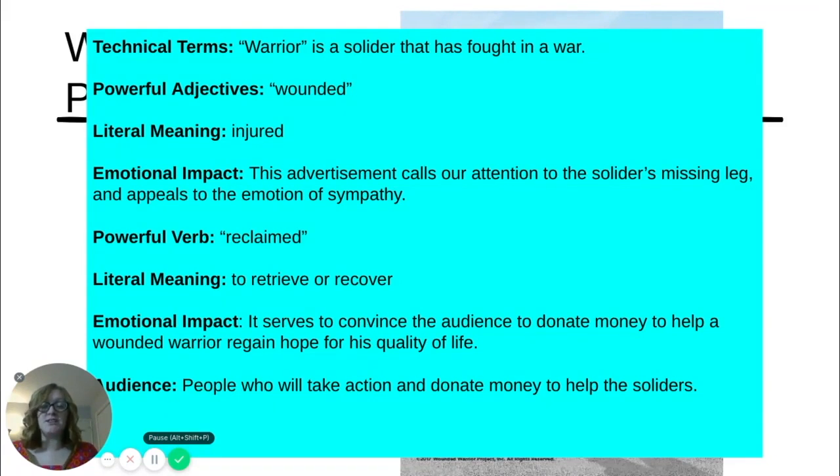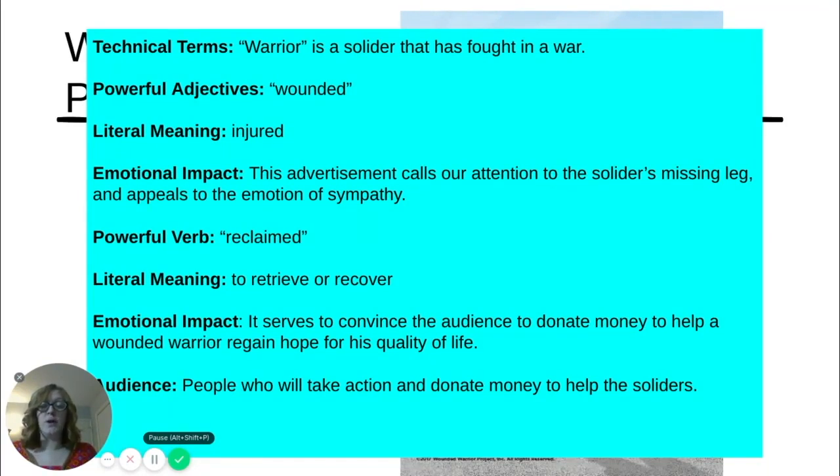The emotional impact of this advertisement is that it calls our attention to the soldier's missing leg, and it appeals to the emotion of sympathy. Sympathy is where we feel sorry for something that has happened to someone. A powerful verb that we may see is reclaimed. The literal meaning to the verb reclaimed is to retrieve or recover.